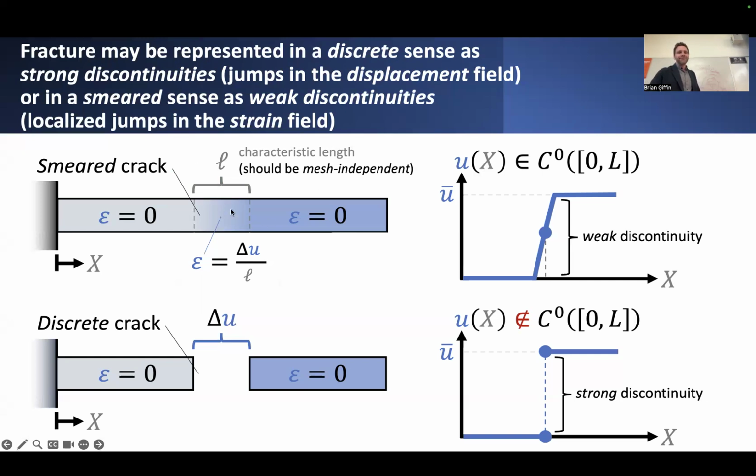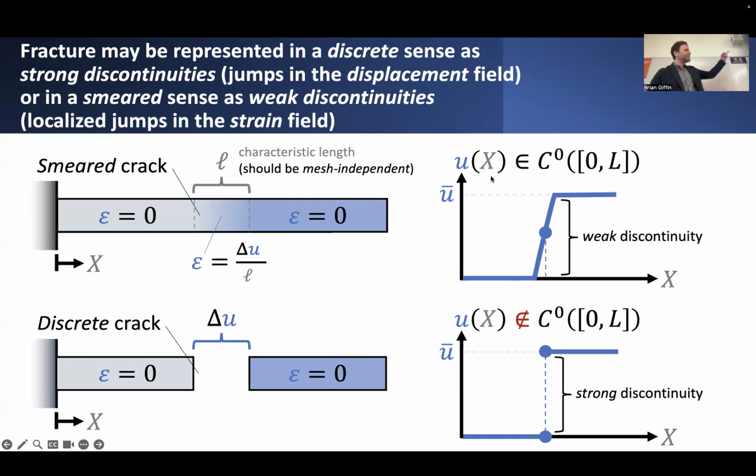So if we do this, you might think of this particular approach as being representative of a corresponding weak discontinuity, which is really, technically, more of a description of a discontinuity in the strain field, where I might have these kinks. So a non-smooth description of displacements, but nonetheless, the displacement field is continuous.